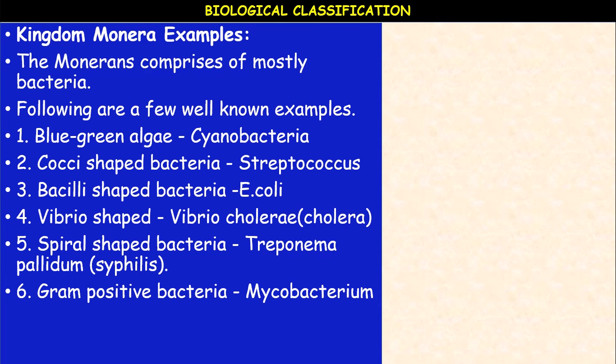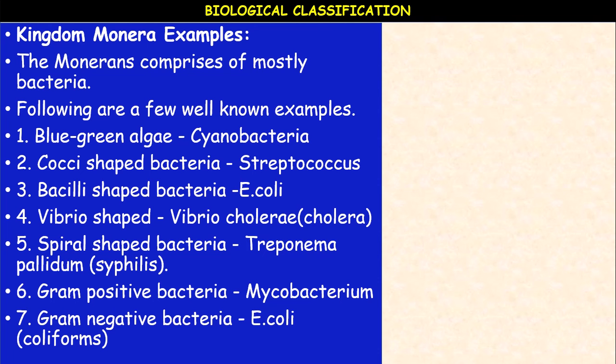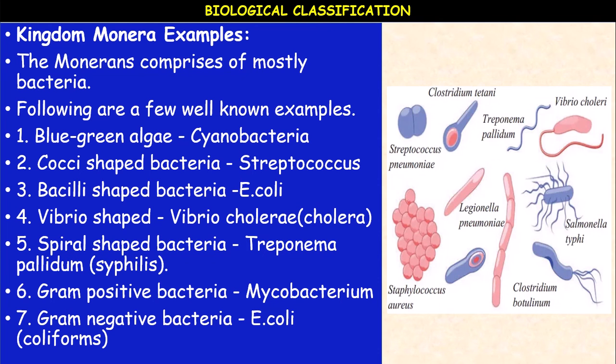Gram positive bacteria include Mycobacterium, and gram negative bacteria include Escherichia coli and coliforms. They are of different shapes. You know the cyanobacteria are blue-green algae.